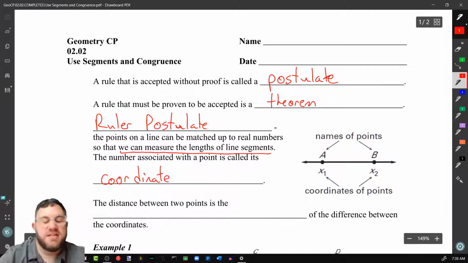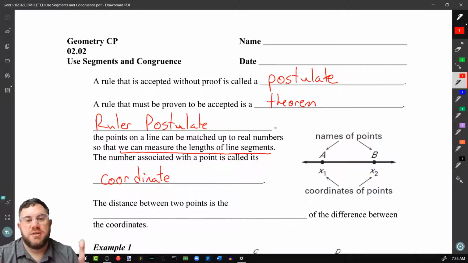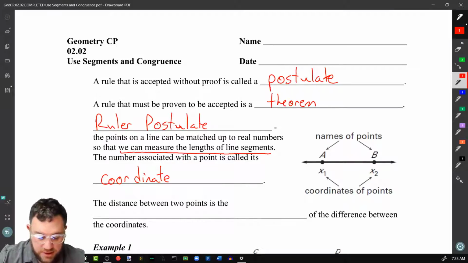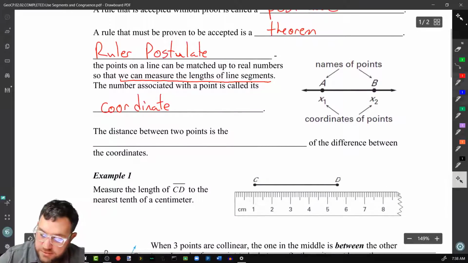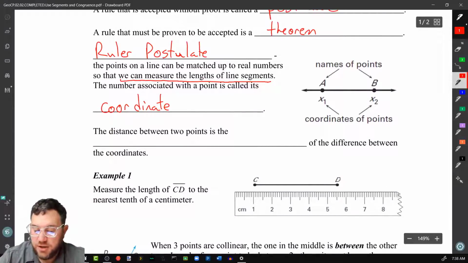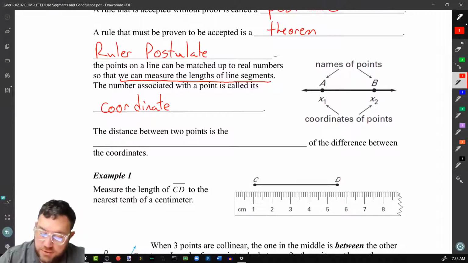You did a lot of this in algebra where you had ordered pairs as your coordinates, but when you're just dealing with length, because there's no height, you only need one coordinate for it. And so if you look at this picture, we've got coordinates x1 and x2.